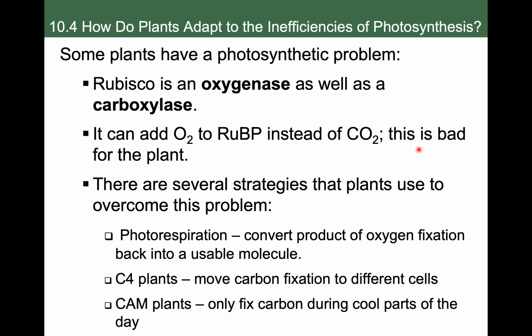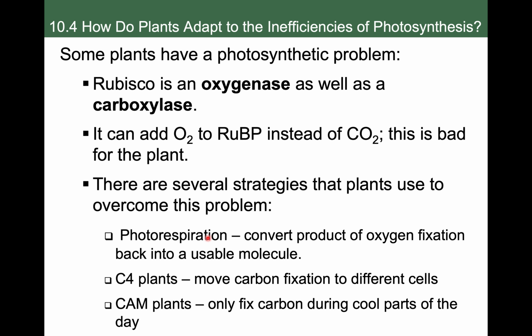So a plant really can't deal with that situation long term. So what I wanted to point out is that there have been several strategies that plants have evolved to get around this issue. So one is called photorespiration. We're not going to go into the details on any of these, but I did just want you to be aware that this is a problem and just have a basic idea of what these strategies were.